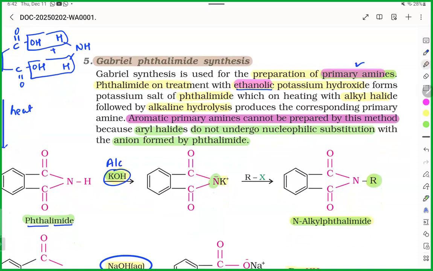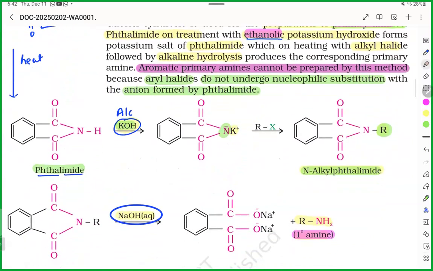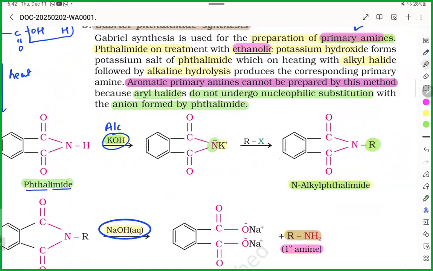Here we always produce primary amine, only primary amine. Second, phthalimide reacts with alcoholic KOH, and H2 will be removed. Why do we use alcohol? To remove H2O.